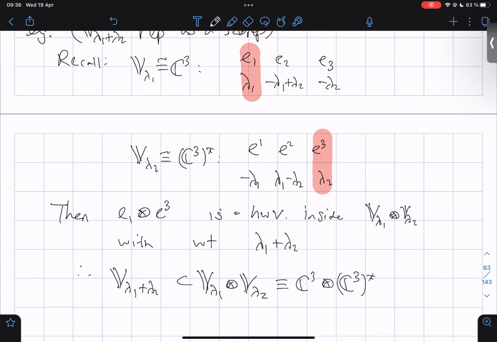And we know the tensor product action, induced from the action on the factors. So you could work out an actual sub-representation as you were doing in the SL2 theory. Just for concreteness, of course, we know what this C3 tensor C3 dual is. It's another way of talking about endomorphisms, just linear transformations.